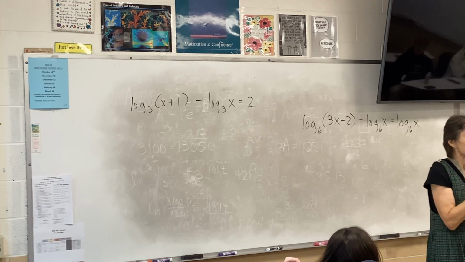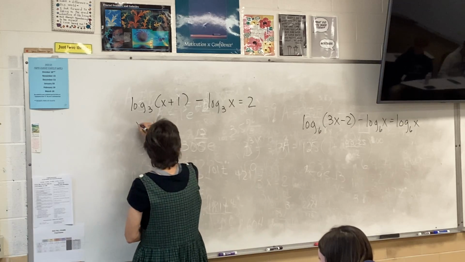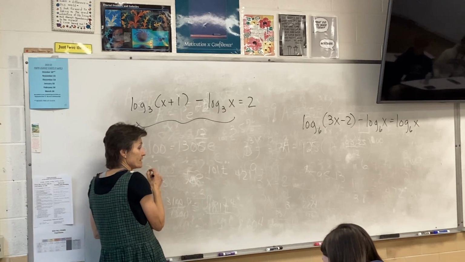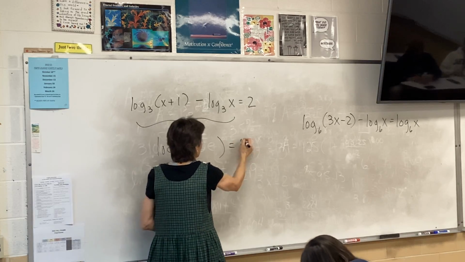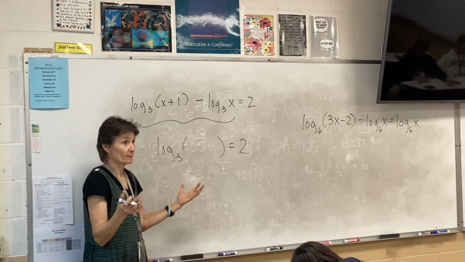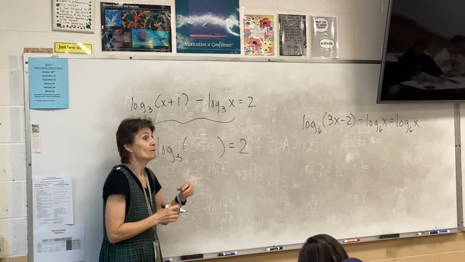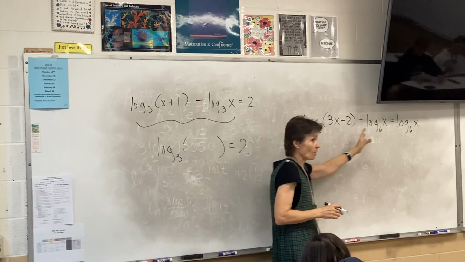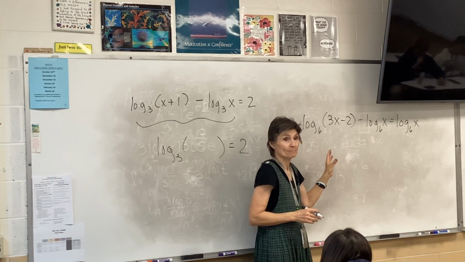No. So before you can cancel, you're gonna have to combine these into one logarithm. And then you're still not gonna be able to cancel because you don't have one on that side, so we'll have to deal with that differently. But even in a problem where you have them on both sides, you cannot cancel them.